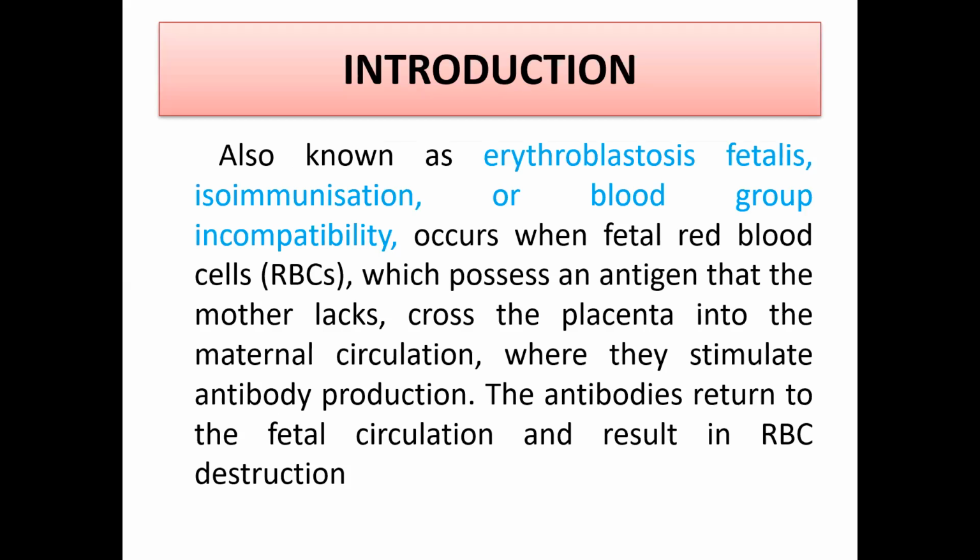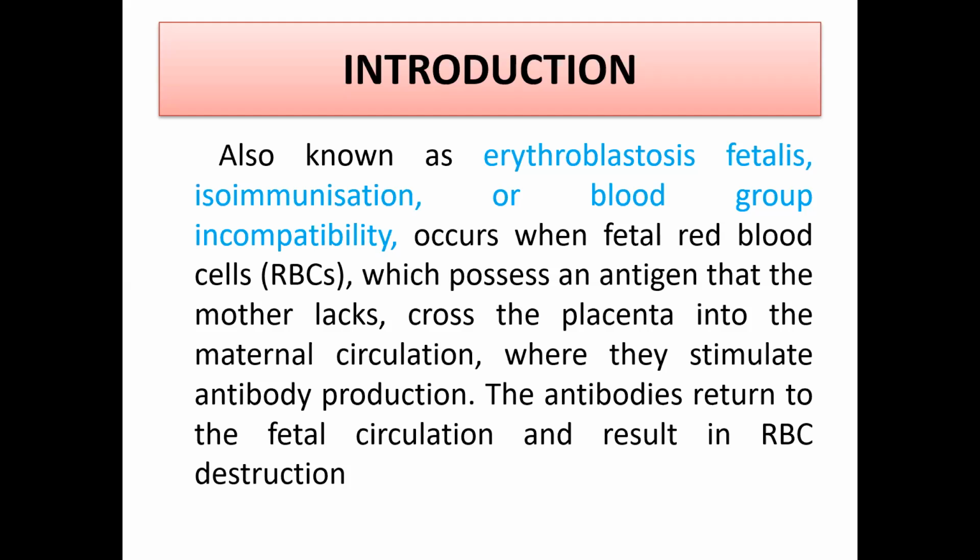As I told you before, the mother is negative and the baby is positive. The baby has the antigen, and the mother doesn't have it. The antigen is the Rh antigen. So in this condition, if the baby's blood mixes, passing through the placenta and entering the maternal circulation, then because of the presence of the antigen, the maternal immune response immediately produces antibodies against these RBCs.